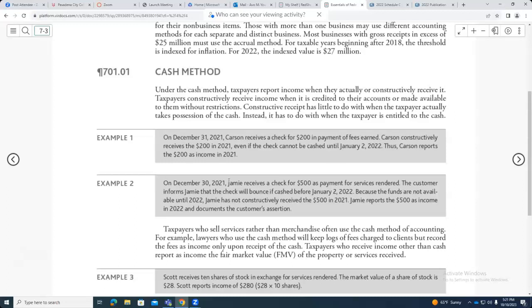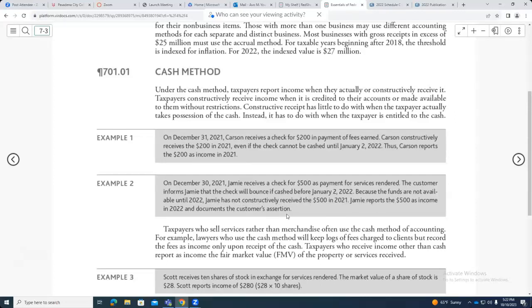On December 30th of 2021, Jamie receives a check for $500 as payment for services rendered. The customer informs Jamie that the check will bounce if cashed before January 2nd of 2022. Because the funds are not available until 2022, Jamie has not constructively received the $500 in 2021.